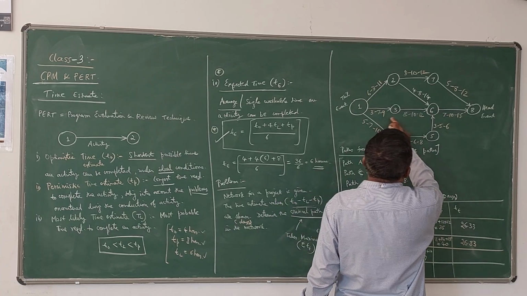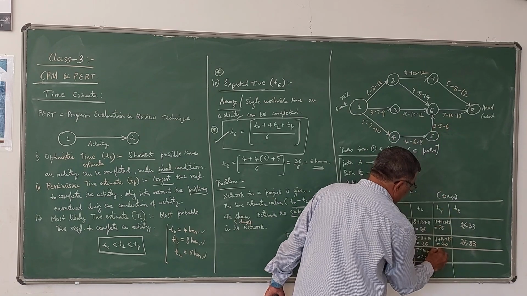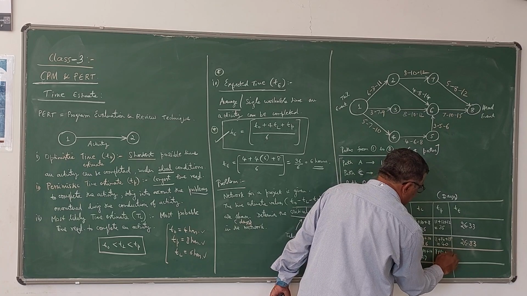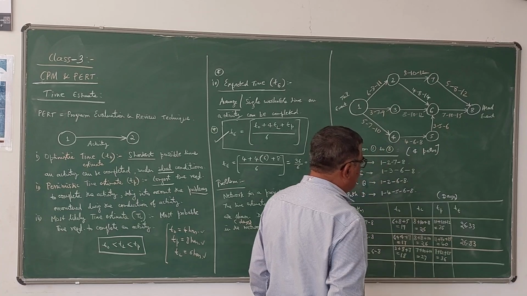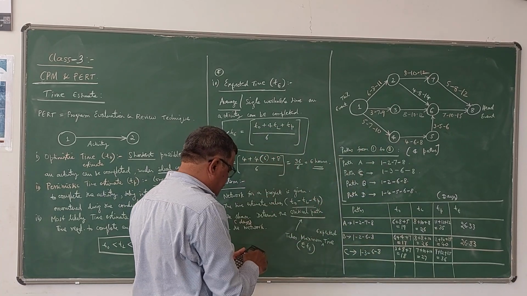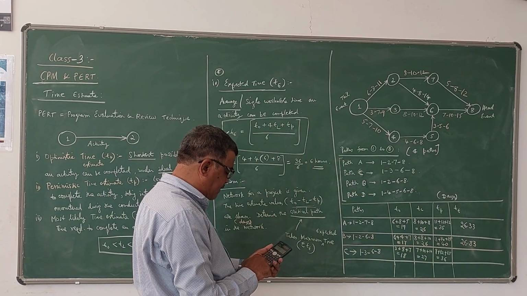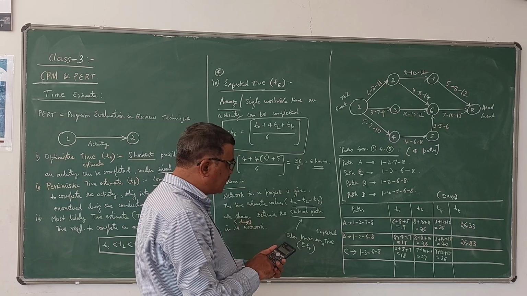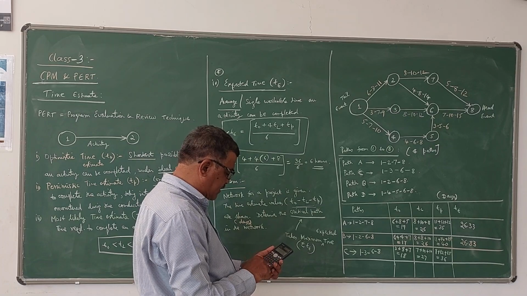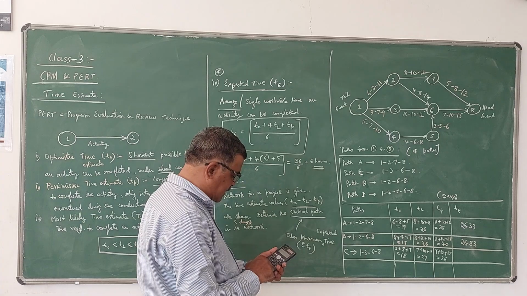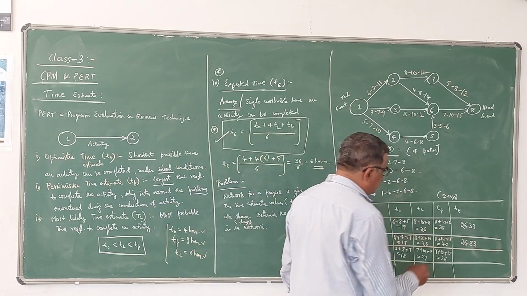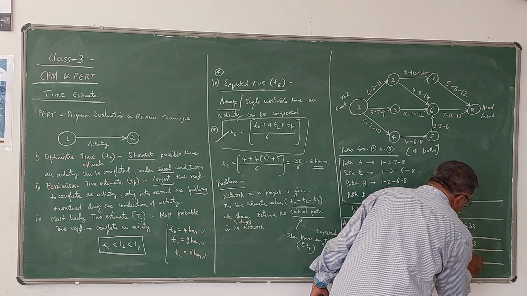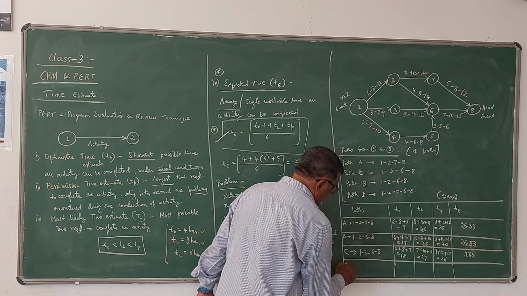TP value: 9 plus 12 plus 15, which is 36. And TE is once again calculated using this formula: T naught 18, plus 4 into 27, plus 36, divided by 6. It is 27. 27 days are required.